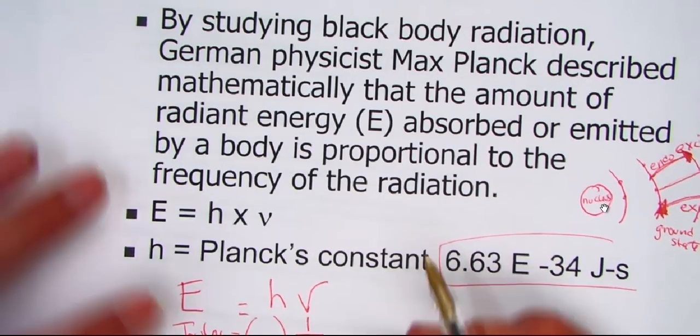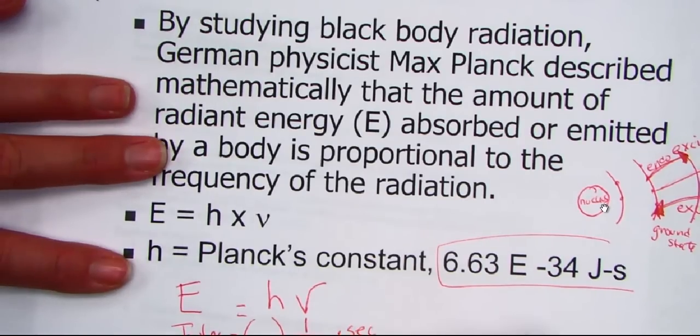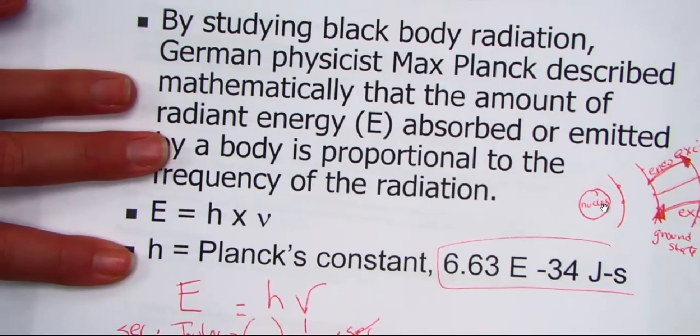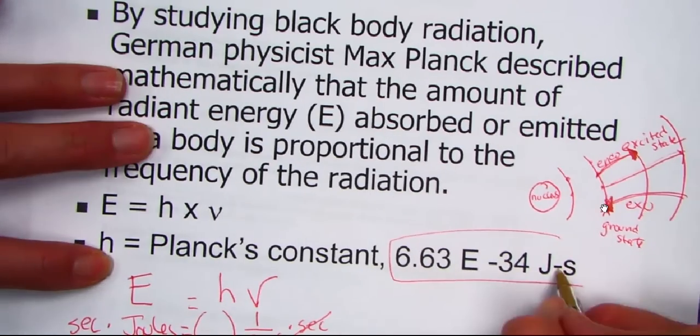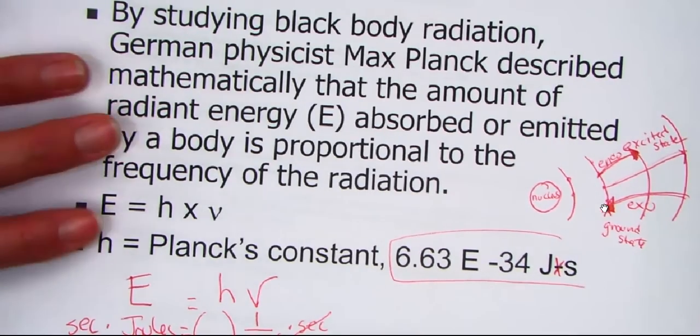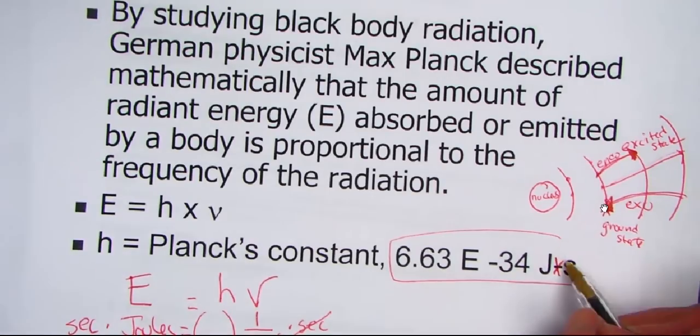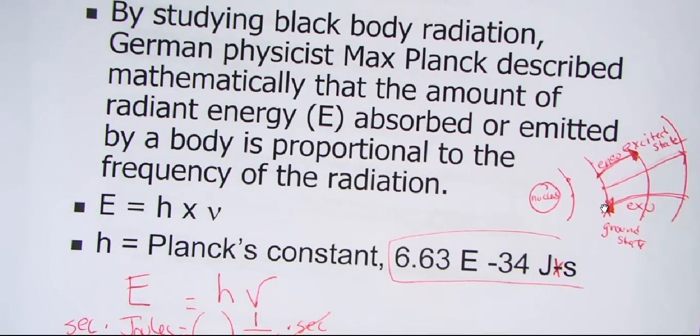Therefore, for Planck's constant, I have to multiply by seconds on both sides to cancel those out, and we come up with this unit: 6.63 times 10 to the negative 34 joule seconds. Think of that as a multiply.